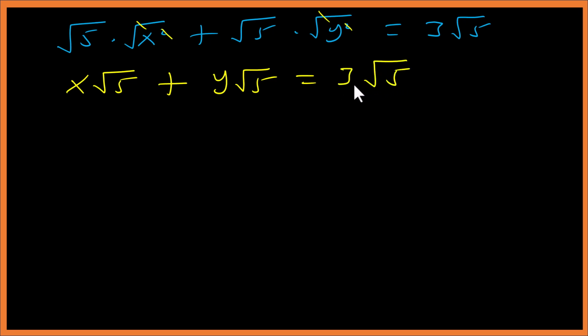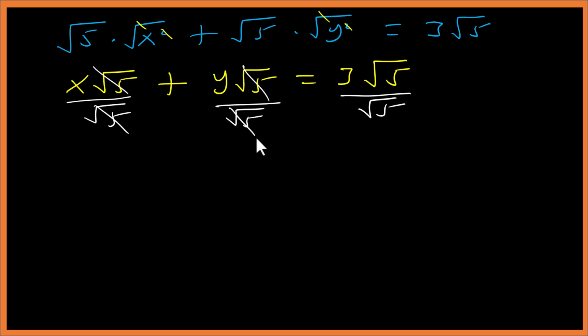Okay, now observe the equation. We have root 5 throughout here, root 5, root 5, root 5. So let's divide through by that. So this side will cancel, this one will cancel, so I'll be left with x plus y equals 3.